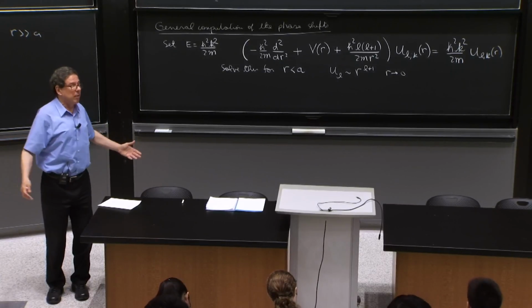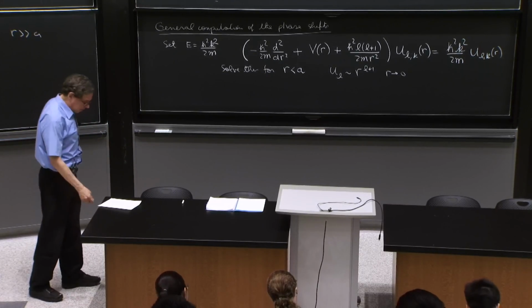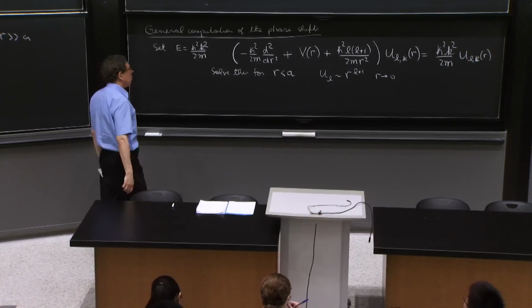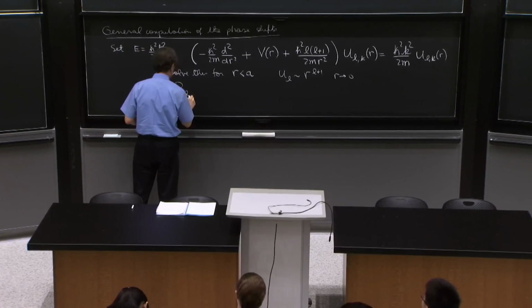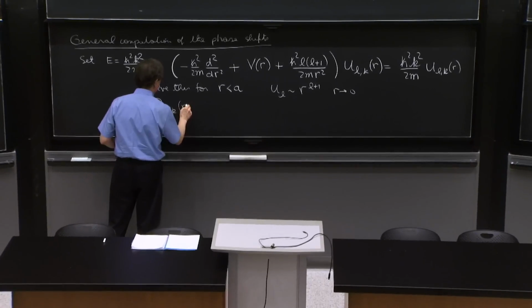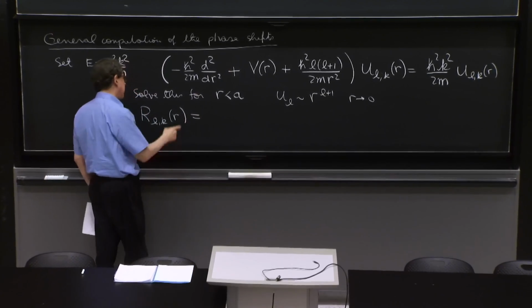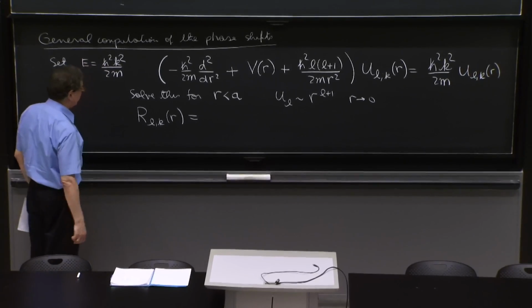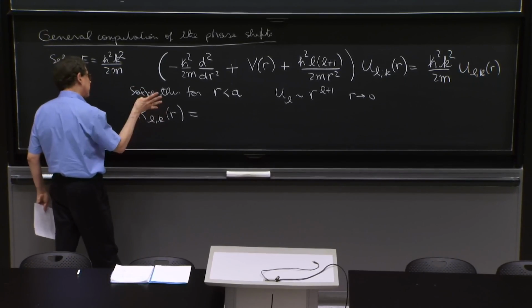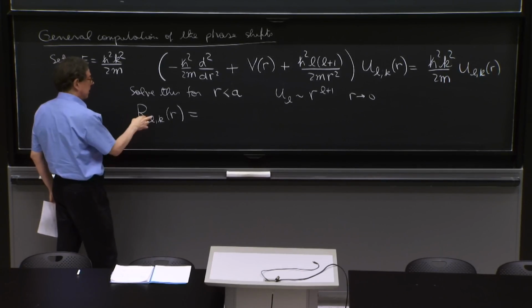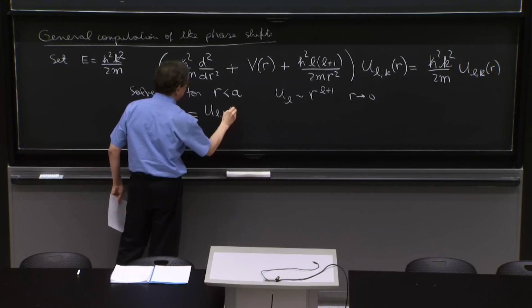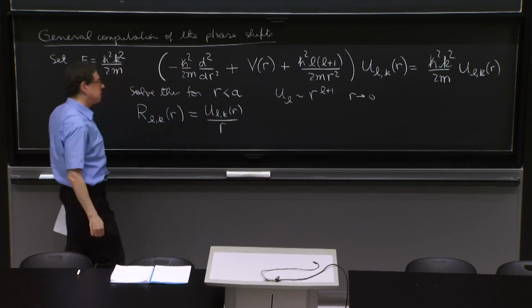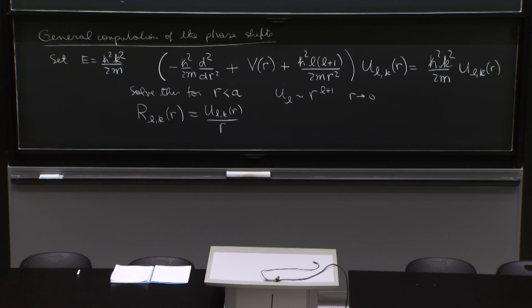And so what? Where are the phase shifts? You're done with it, and you need to know where are the phase shifts. Well, remember our notation is that we have a radial function R_lk of r. In the radial equation, you know that the full solution of the Schrödinger equation is a radial part times a Y_lm, in this case Y_l0, but this radial thing is u_lk of r over r. That is presumably something you still remember, that the radial solution was u over r.